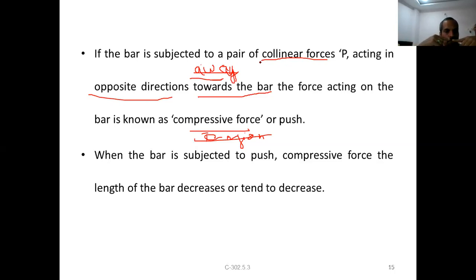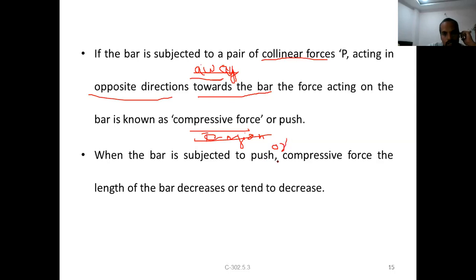Towards the member, away from the member, towards the member. So towards the member means it is a compressive force. When the bar is subjected to push or compression, the length of the bar decreases.